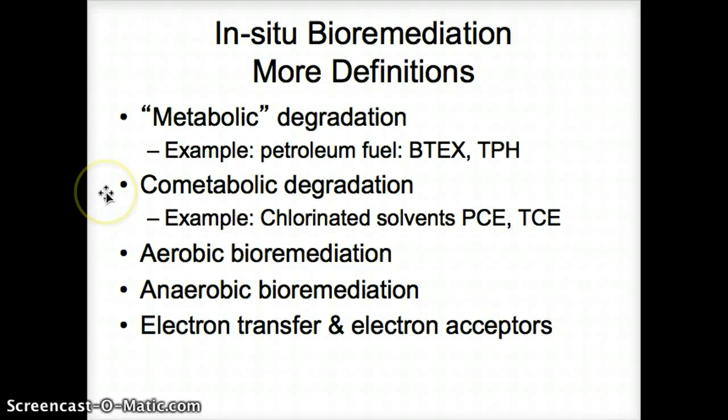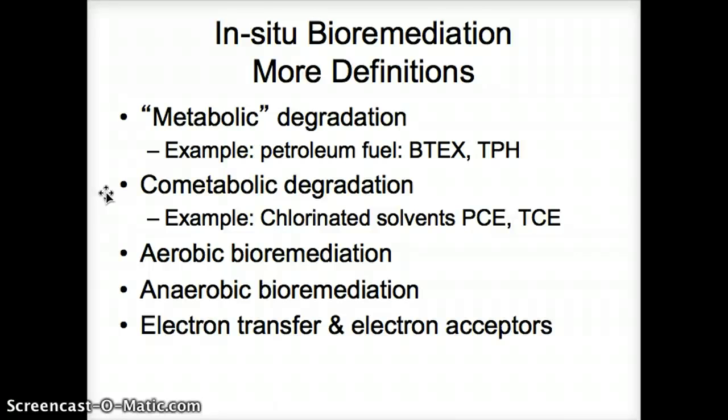Another one here, co-metabolic degradation. This is when a contaminant is degraded only in the presence of another. For example, chlorinated solvents, PCE and TCE, that's tetrachloroethylene and trichloroethylene, they are not directly metabolized.